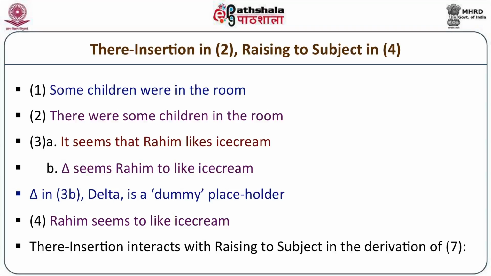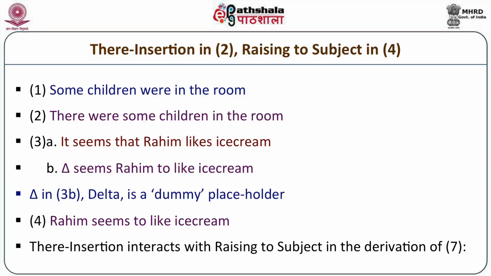Consider the sentence, Rahim seems to like ice cream, and compare it with the sentence, it seems that Rahim likes ice cream. The structure of the sentence is much clearer when you say it seems that Rahim likes ice cream.